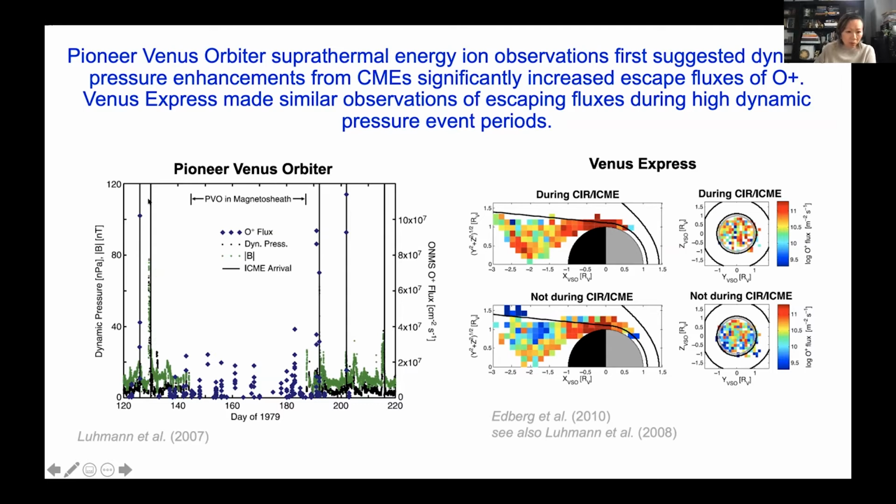So you can see the profiles here when there's a CME arrival, shown in the black solid lines here. And you can see the points of oxygen flux is increasing when there is a CME arrival. The right-hand side shows Venus Express observations during a CIR or ICME event. You can see the increase in oxygen flux escape, basically, versus when there was no CIR or CME event.